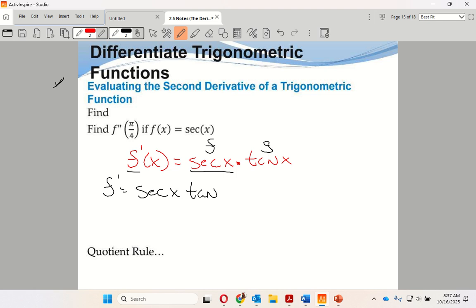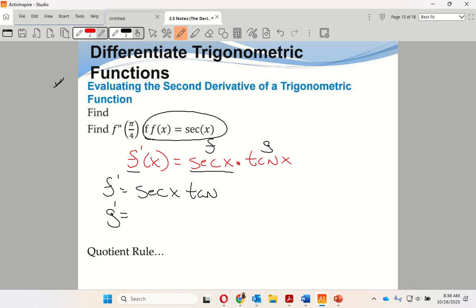Because this is my original function here. And we know, because we just did it, what was the derivative of secant? Secant tangent. Okay? And look, I have another secant here, so the derivative of this is secant tangent. Now, g prime, the derivative of tangent, didn't we already figure out what the derivative of tangent is?